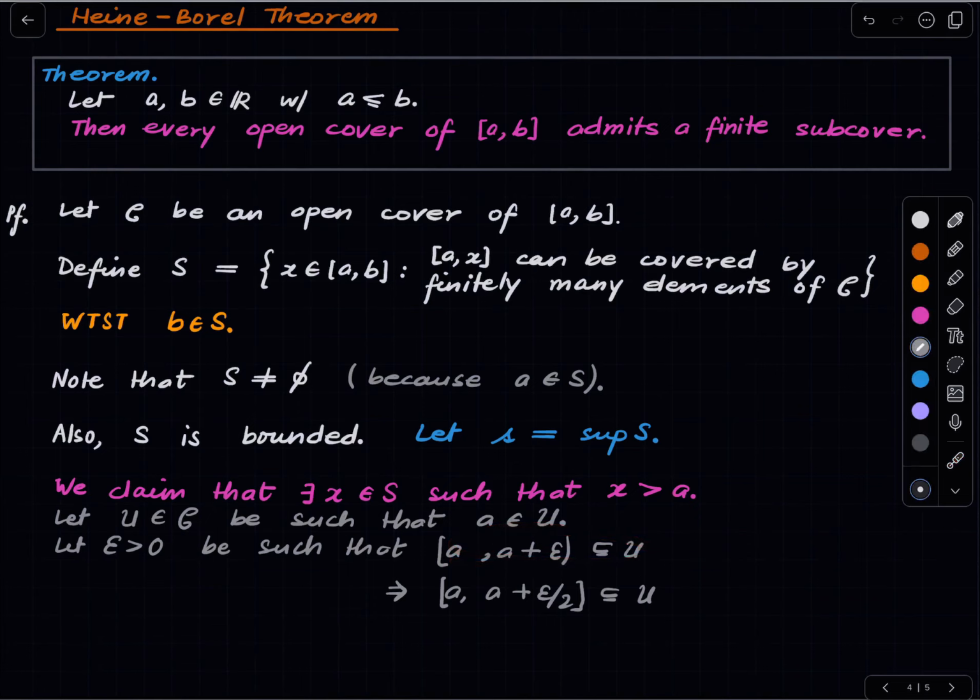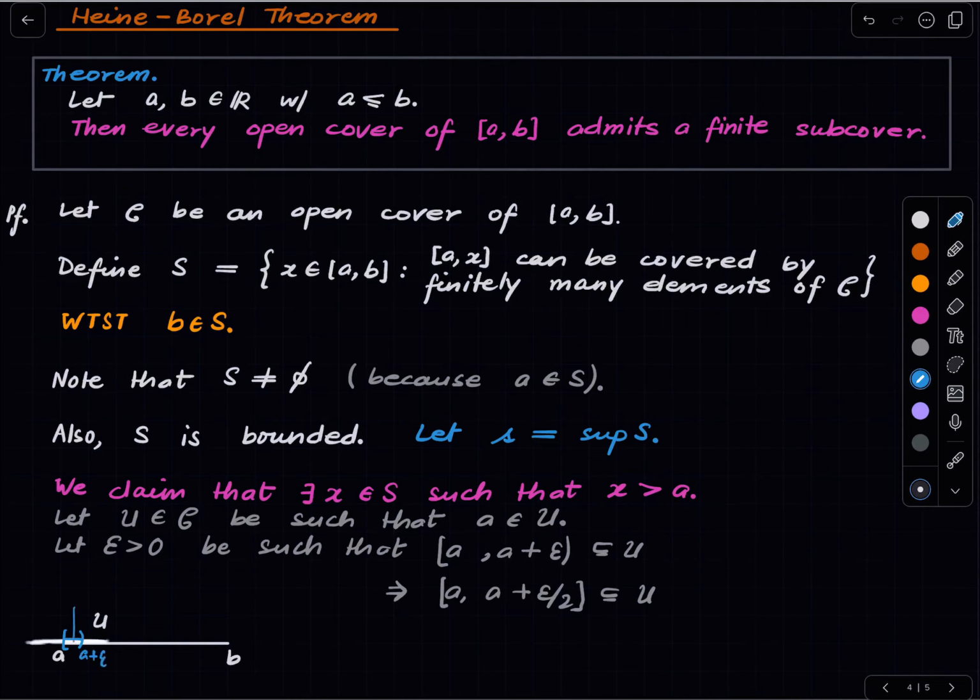So to do this diagram more justice, this is A, that is B, and let's say this much is U, some open set which looks like an open interval in my drawing, but it doesn't have to be. There is some semi-open interval contained in U. In fact, there is an open interval around A that is contained in U, but we are content with the semi-open interval. And this is A plus epsilon.